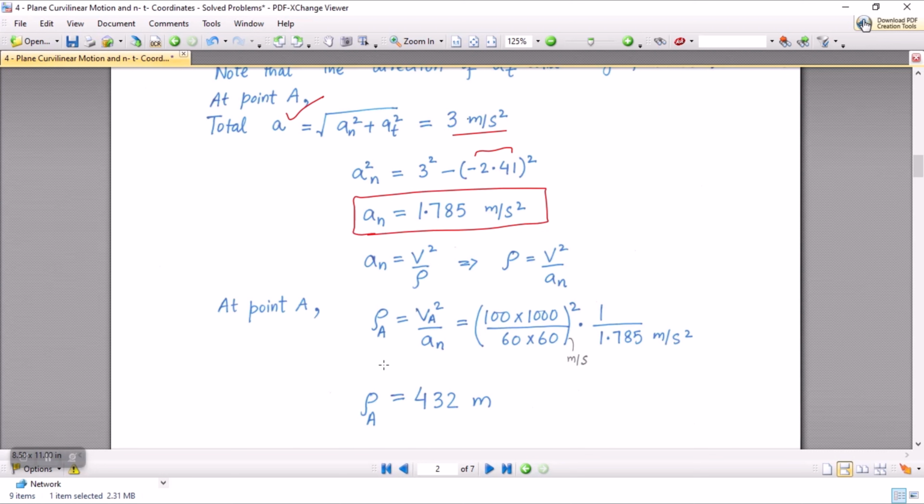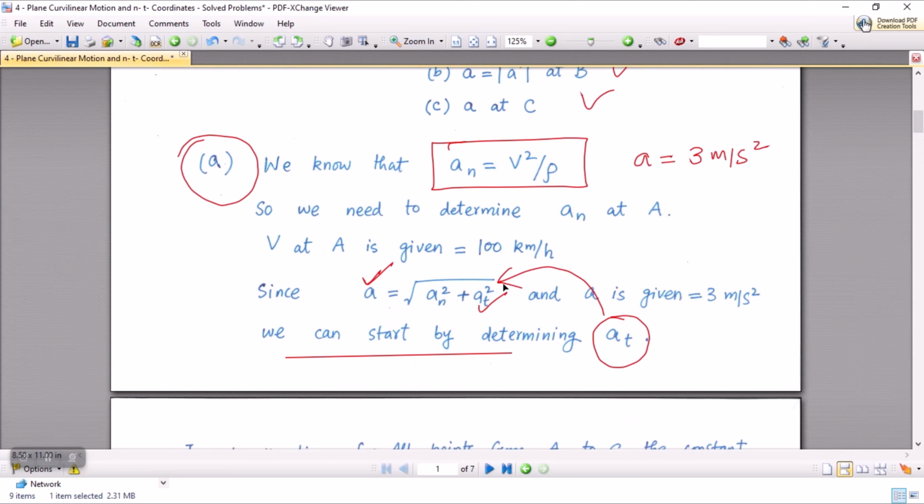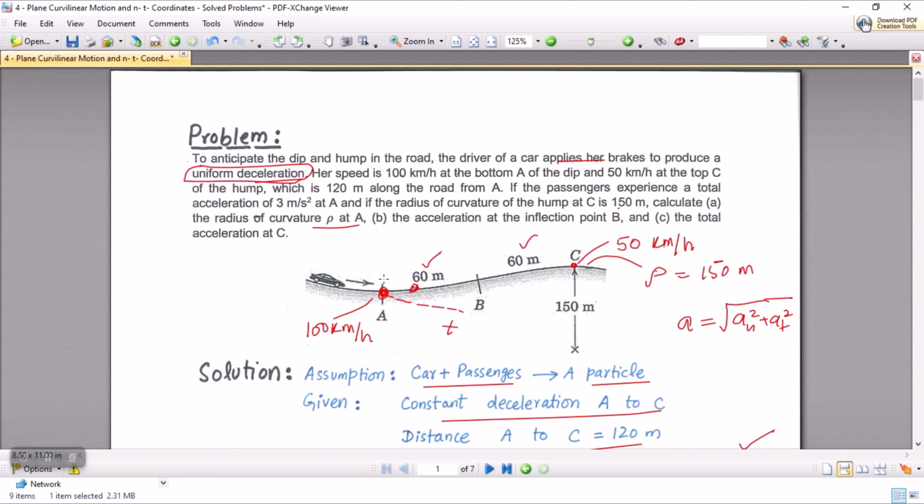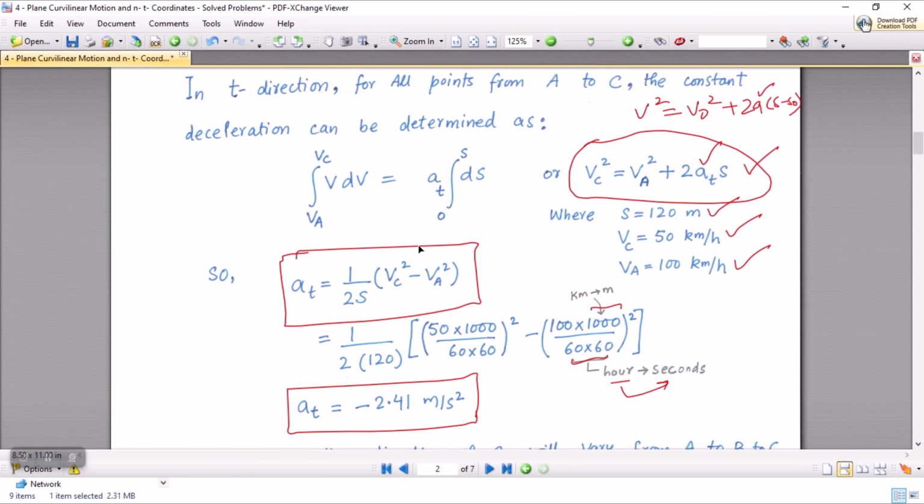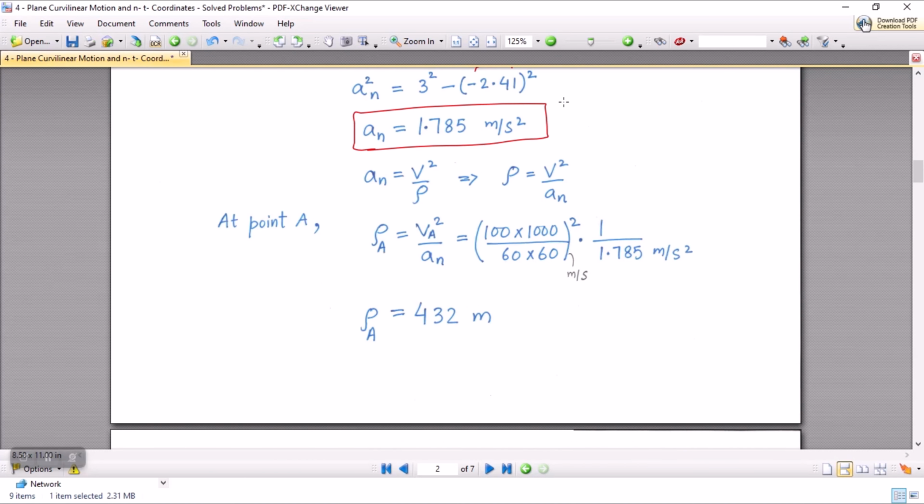It is positive, which means the direction of A sub n should be towards the center of curvature. So at this point if I go back, the direction of A sub n should be upward because it is a concave upward curve, right? And the magnitude came out to be 1.785.